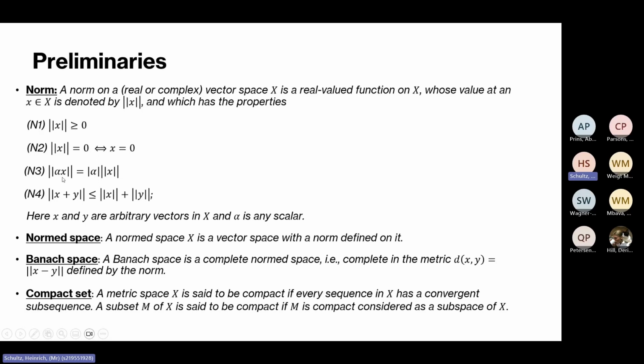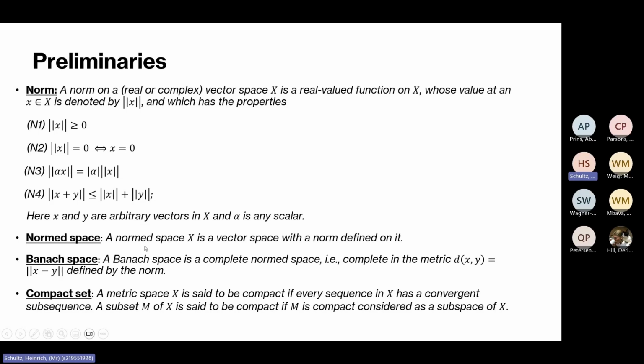The norm of alpha x is equal to the absolute value of alpha multiplied by the norm of x. And then we have the triangle inequality, which is the norm of x plus y is less than or equal to the norm of x plus the norm of y. Here alpha is any scalar and x and y are arbitrary vectors in X.